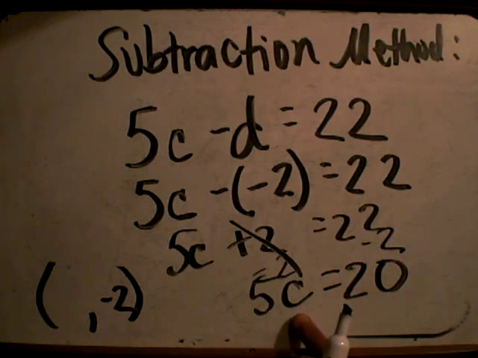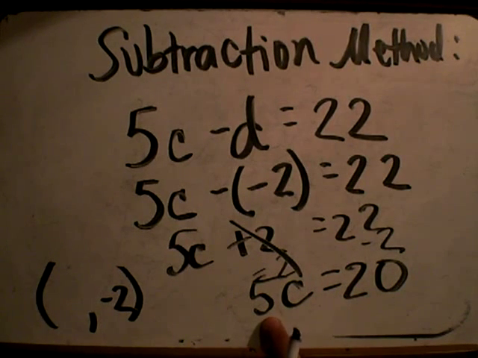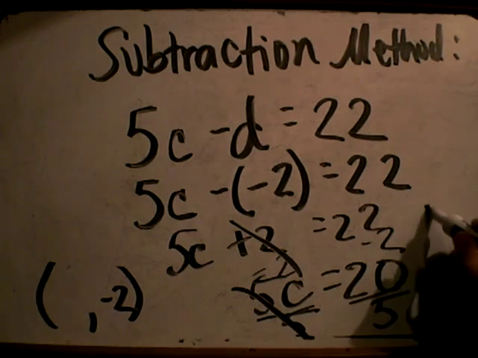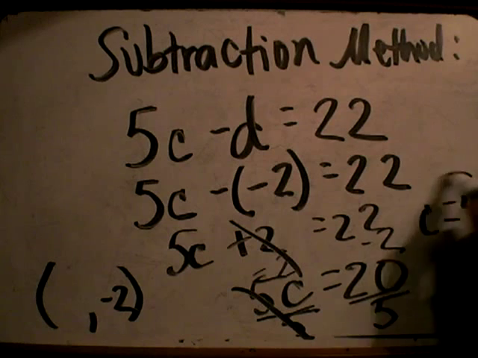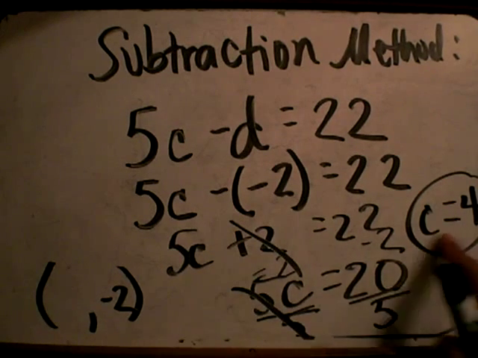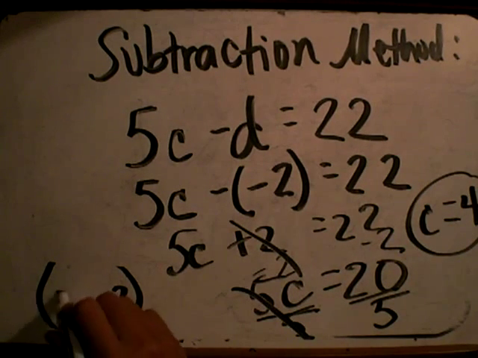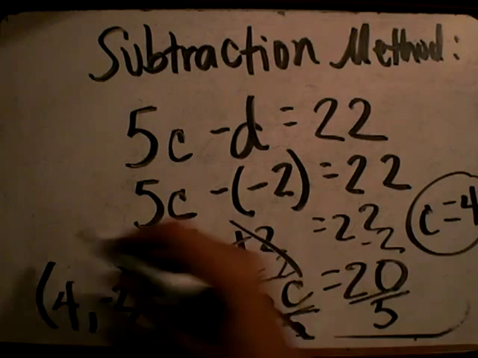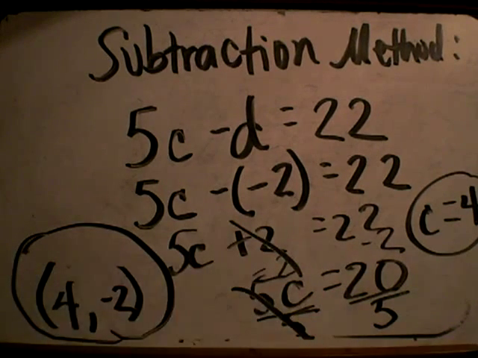To isolate c, we get rid of the 5 by dividing by 5 on both sides. So c equals 4. We're going to plug that in right there. So our final answer is 4, negative 2.